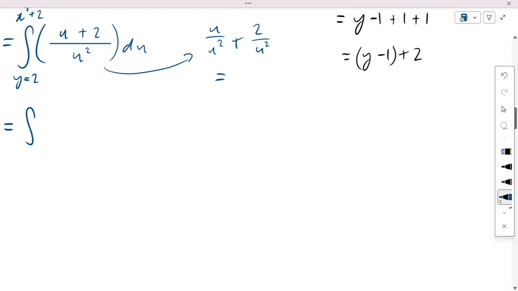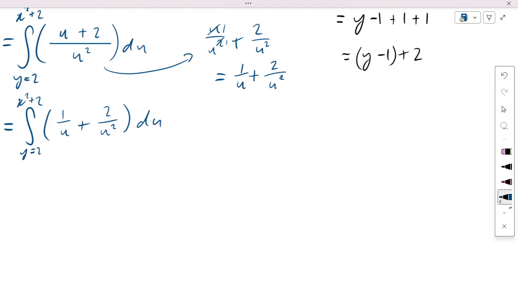We can cancel this, so this will be 1 over u, and then this will just be 2 over u squared. It's plus, by the way. So we have 1 over u plus 2 over u squared with respect to u, and this is from y equals 2 to x squared plus 2.